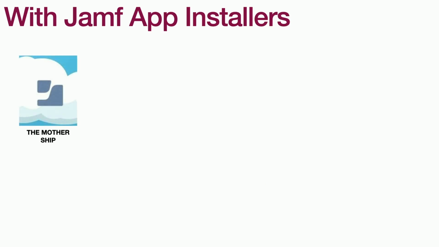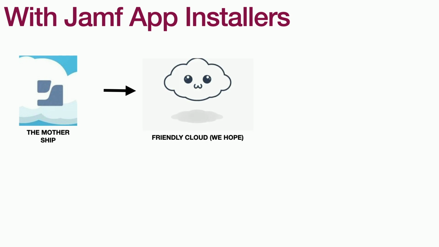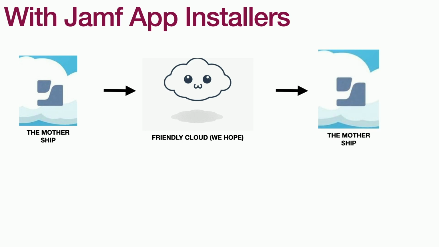So with Jamf installers, the situation is a lot simpler, and Adam will go through that. Yeah, so essentially in this case here, you have your Jamf cloud. On top of the Jamf cloud is going to be essentially deploying those applications that are contained within the app catalog, as Dave calls it, the mothership.